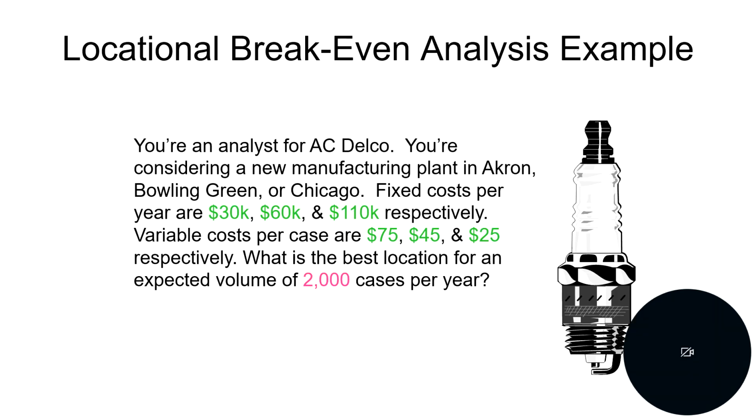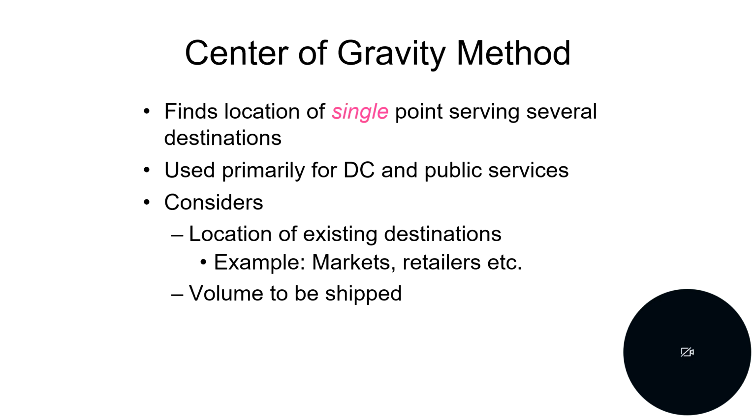That's just an example. Now, the center of gravity method. This method finds the optimal location for a single distribution point, for example a warehouse, that's going to serve multiple existing destinations. It minimizes shipping cost or travel time because we're calculating the weighted X and Y coordinates based on the location of the markets and the volume being shipped to each one.